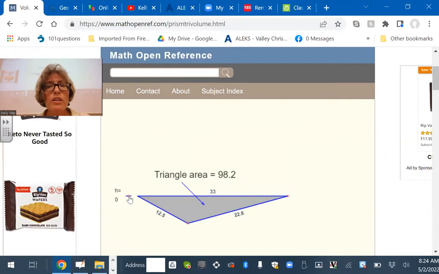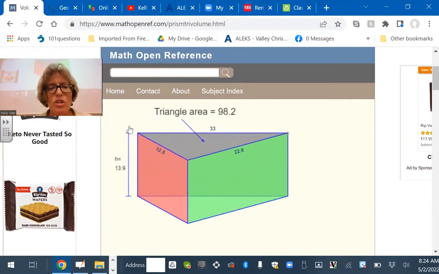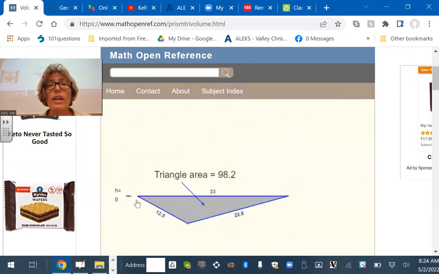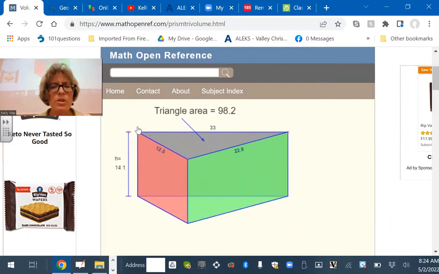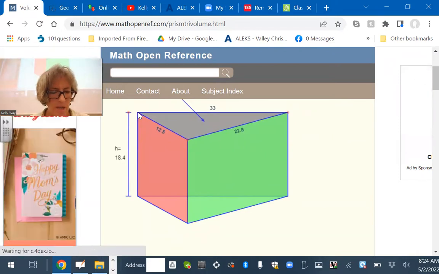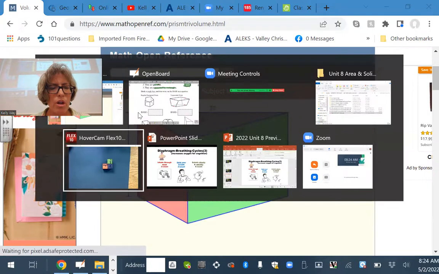And then the only thing that changes, imagine liquid filling this, is the height. So you start by finding the area of the base times the height. And height is the distance between the bases. That's a super important concept.